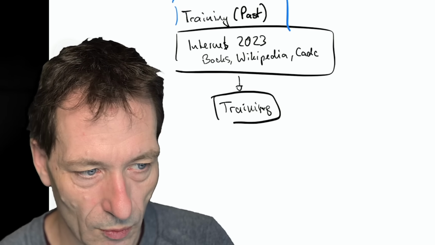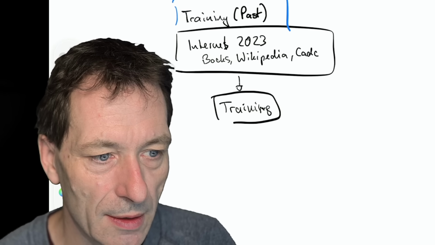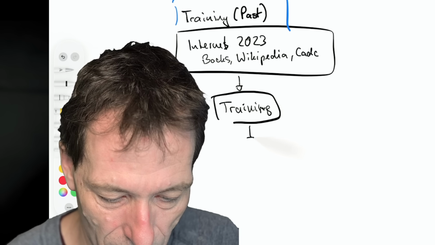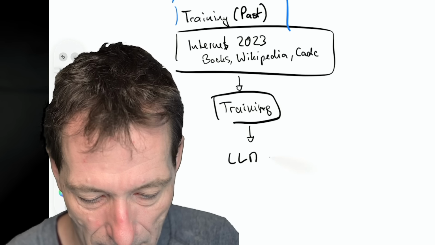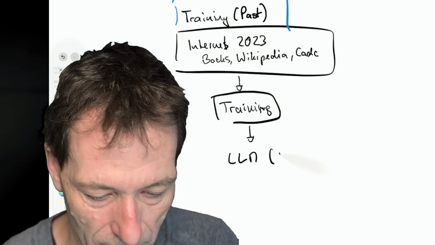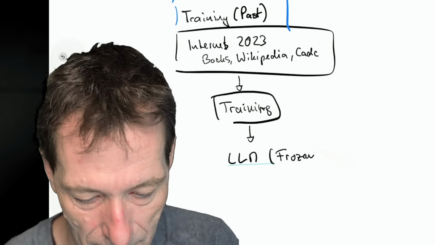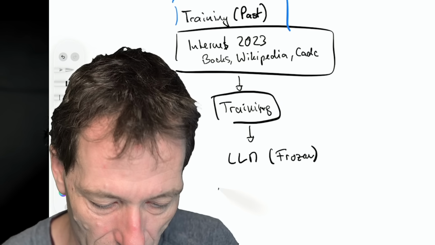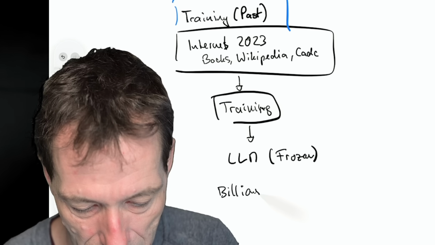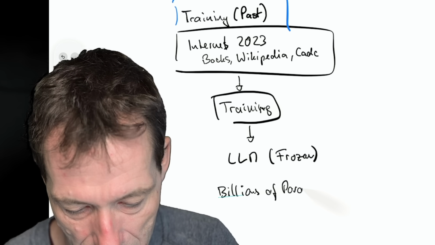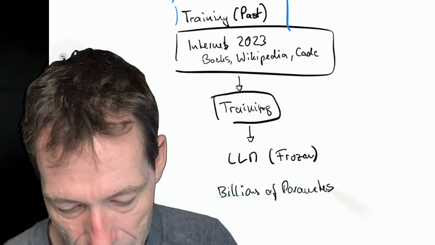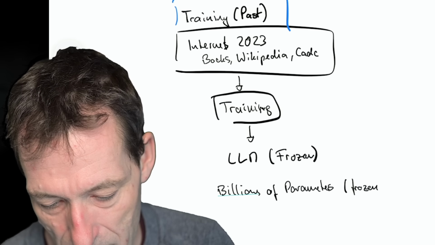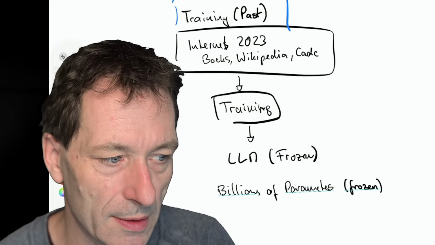At that point, once the training is done, the LLM is like frozen. So the output of that training is a large language model, but from now on, it's frozen. It's like done. Right? So you have billions of parameters, and also these billions of parameters are frozen, because they were trained and that's it, right?